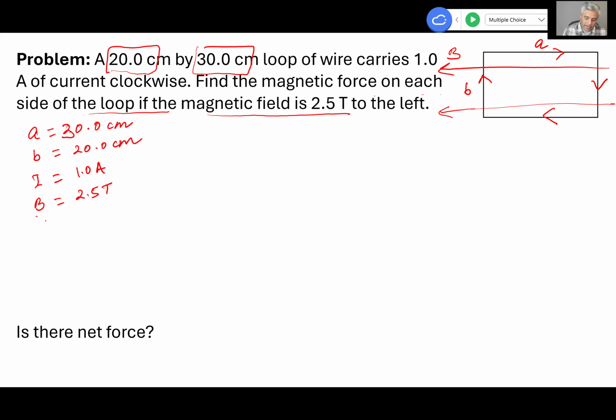So to find the force, it's asking for force on A and on B, right? And we know the value of the force is I L B sine theta. Okay.